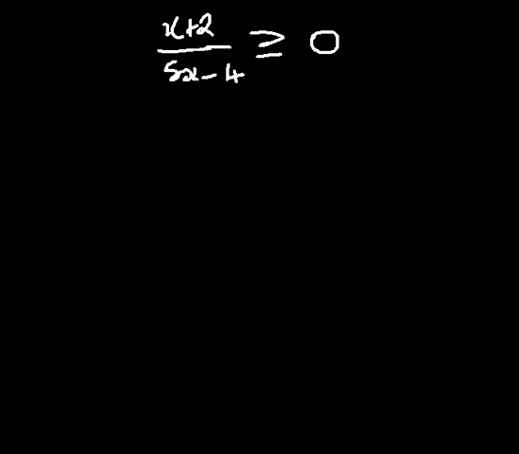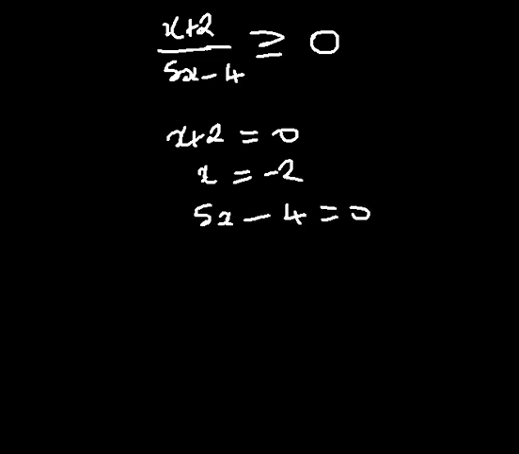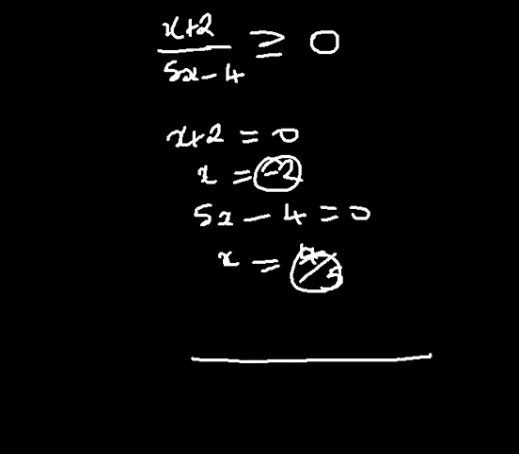Now, we are going to solve for the critical values in both the numerator as well as the denominator separately. So x plus 2 is equal to 0, we have x is equal to negative 2. 5x minus 4 is equal to 0, we have x is equal to 4 over 5. These are the key values that will be used, and we'll bring them on the number line and deduce the intervals.